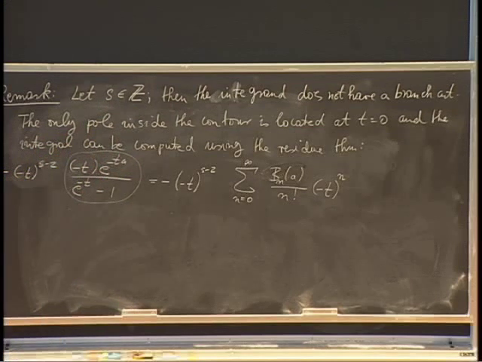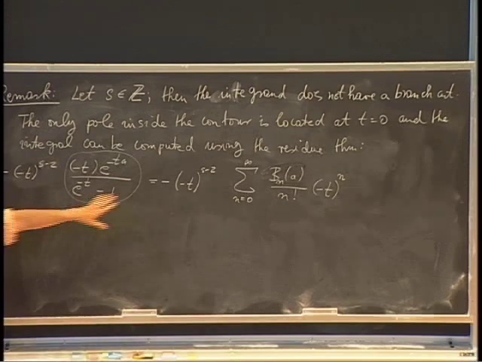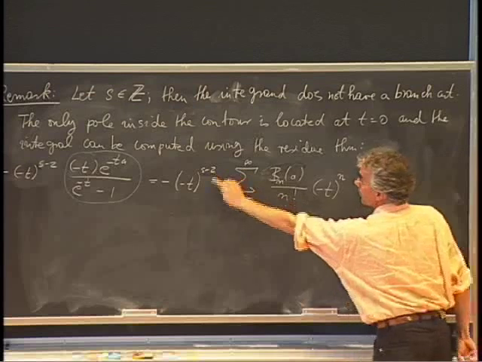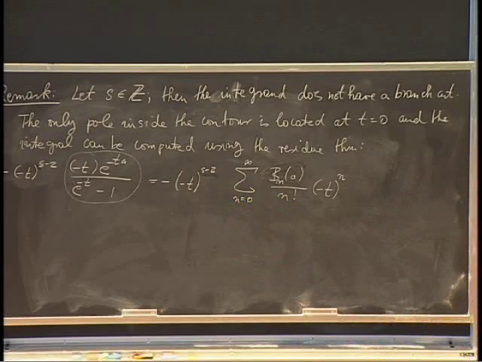Let's just look at s equals 1 to reproduce the residue. If you put s equals 1, here we got a 1 over t term. We want the residue, so we want the coefficient of the 1 over t term.